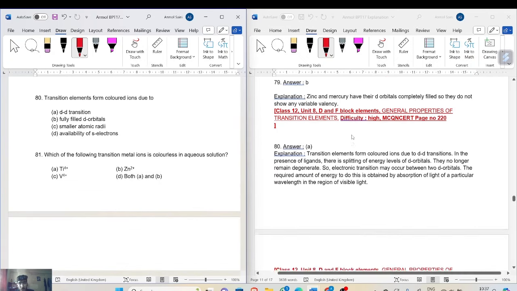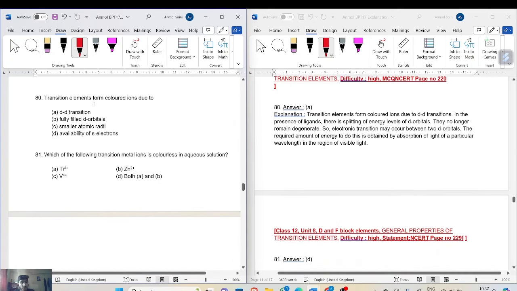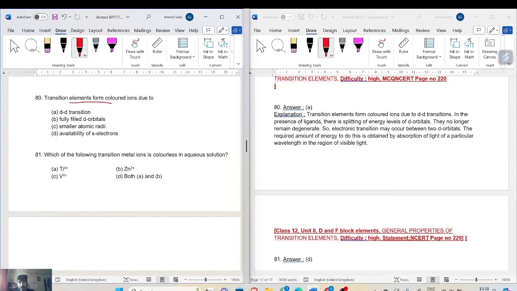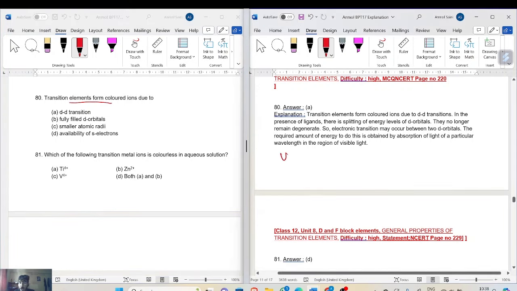Now come to question number 80. Transition elements form colored ions due to. Okay, transition elements form colored ions because transition elements show variable oxidation state, so they have unpaired electrons.